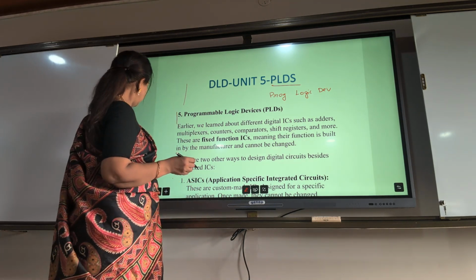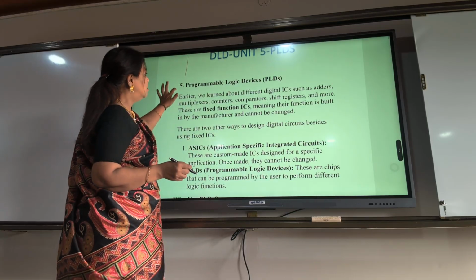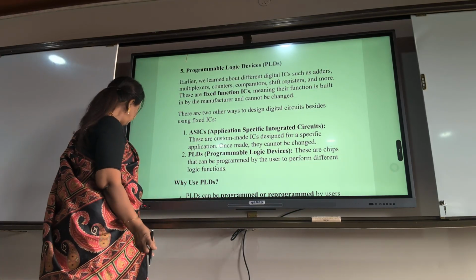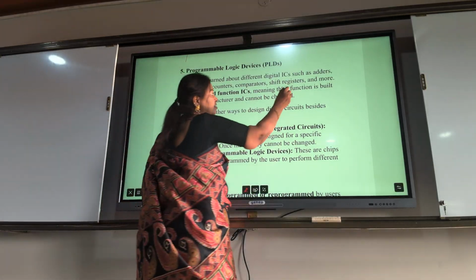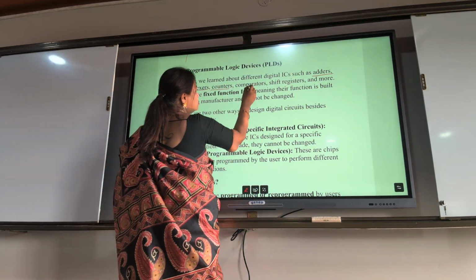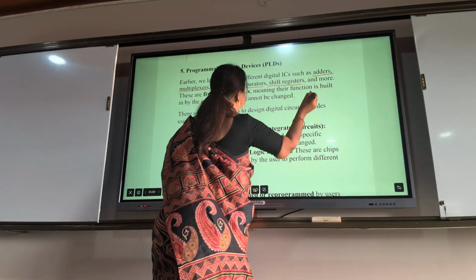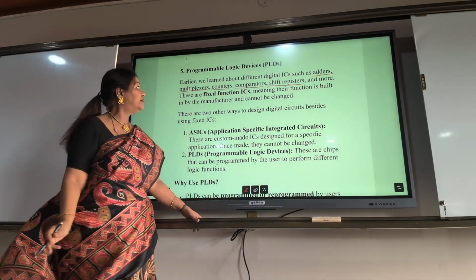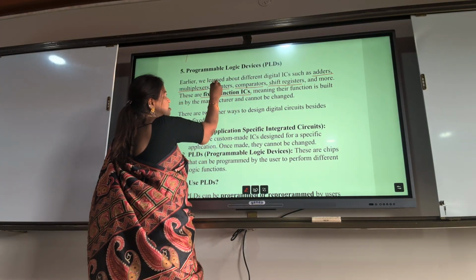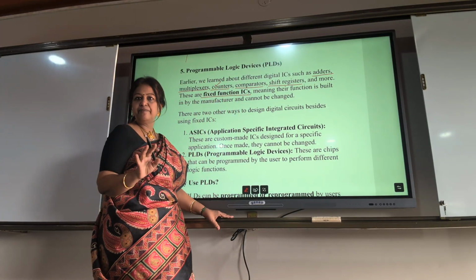Earlier we learned about the different digital ICs: adders, multiplexers, counters, comparators, shift registers, and so many we have studied. And they are all fixed functions. If it acts as a counter, it will act as a counter only.